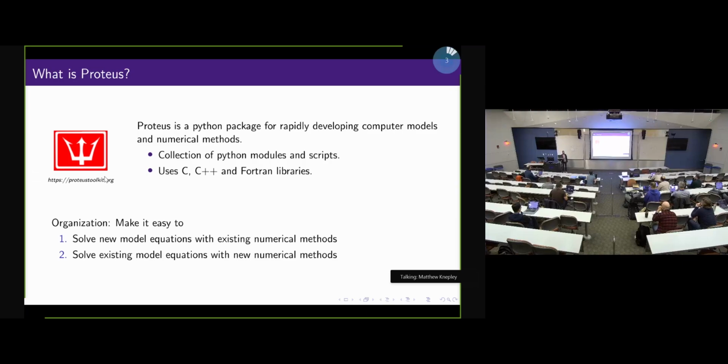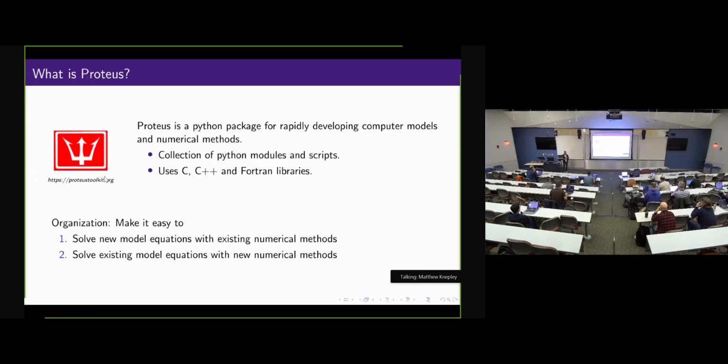The design and organization idea of Proteus is to keep two things in mind. We want to make it easy to solve new model equations with existing numerical methods, and we want to make it easy to solve existing models with new numerical methods.